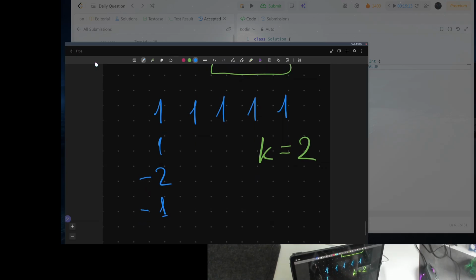How are we allowed to make another minus 2 operation?